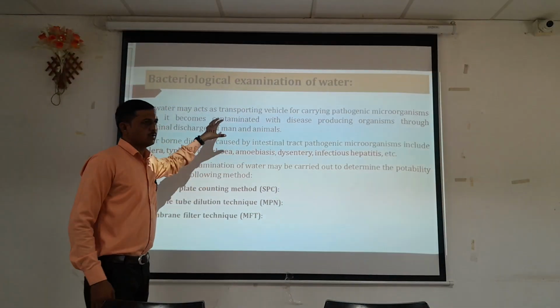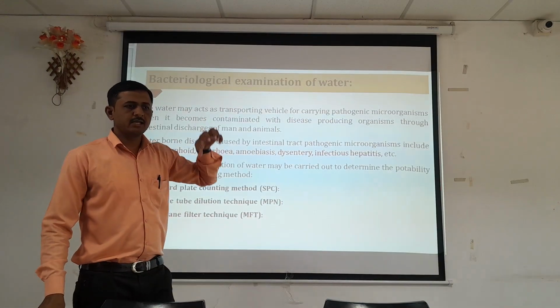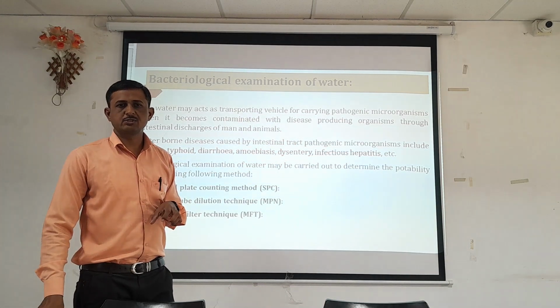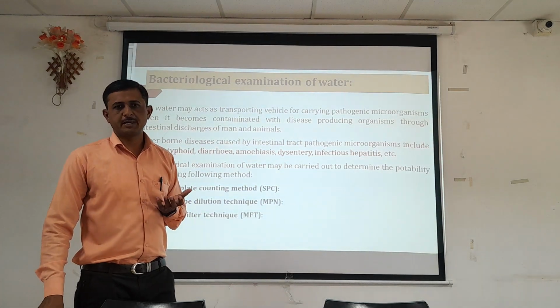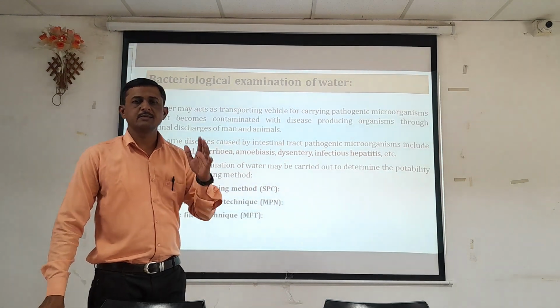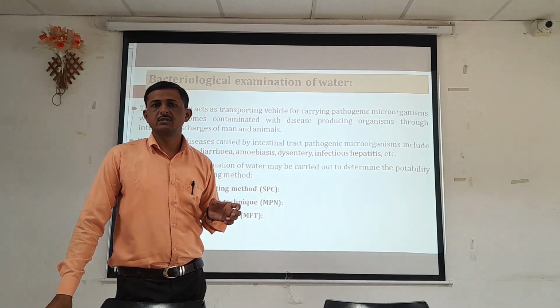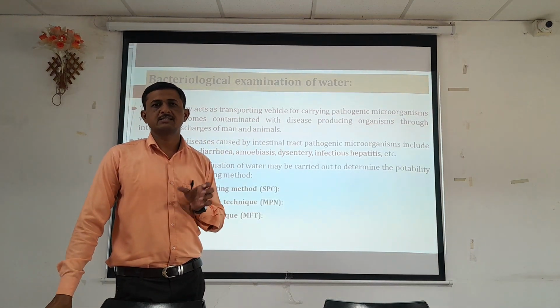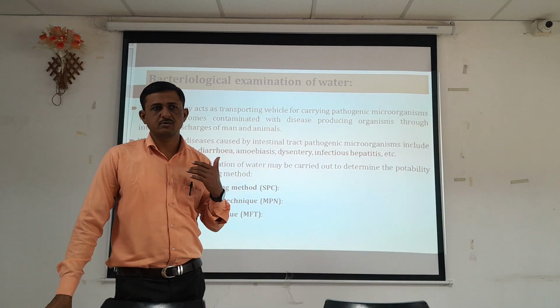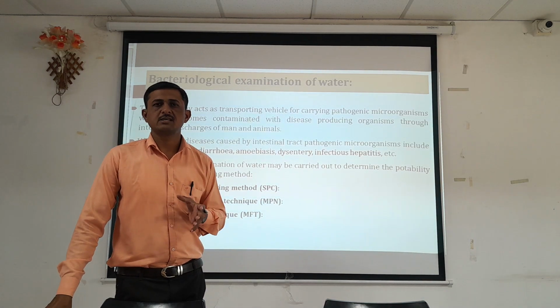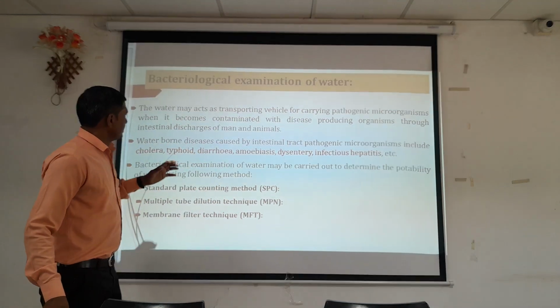As they enter into water resources, they act as a source of pathogens. Water contaminated with these fecal organisms acts as a carrier to transfer different types of diseases, or waterborne diseases.